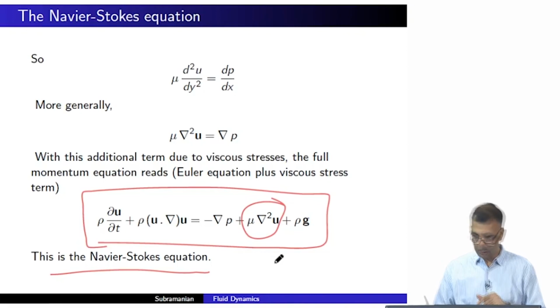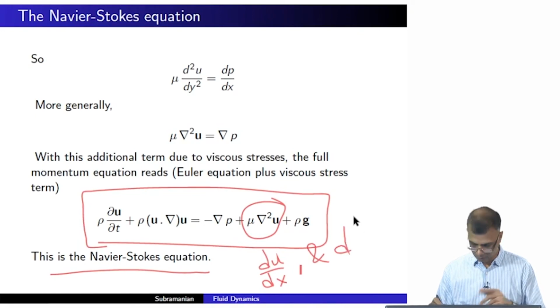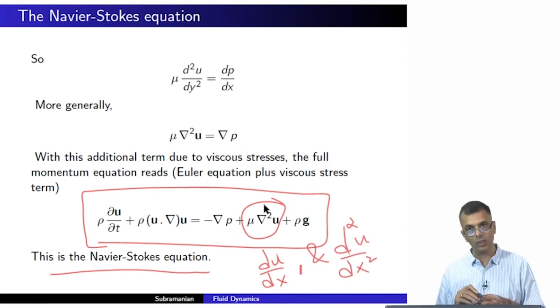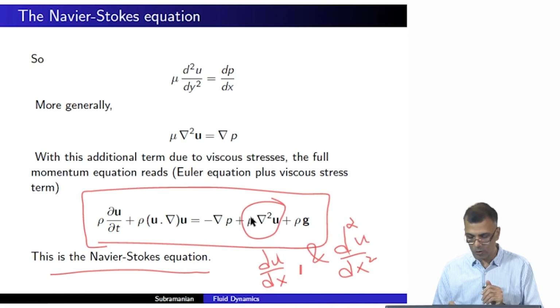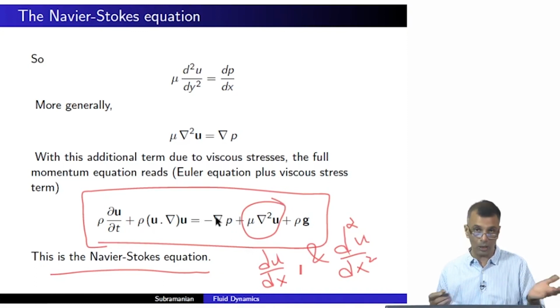In other words, the du/dx and to a larger extent d squared u/dx squared, which is what these kinds of terms are like, become very appreciable at the boundary. So even though mu might be small, the multiplication of these two terms becomes important. And so this term assumes importance in comparison to what?